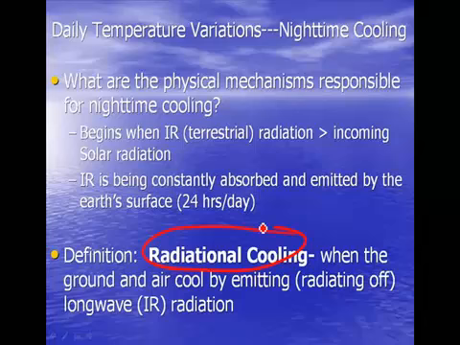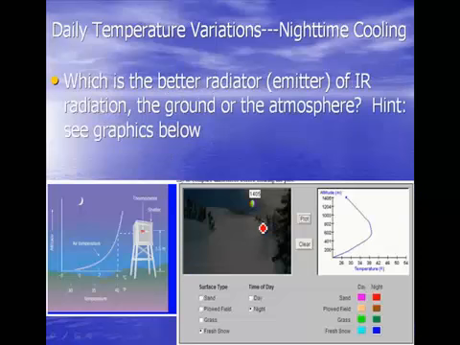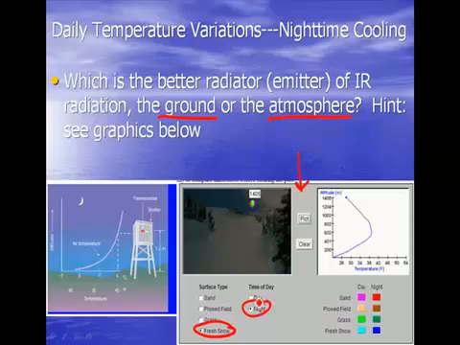The average speed of the molecules begins to decrease, and recall that's how we define temperature, as the average speed of the molecules. So my question to you, which is the better radiator of infrared radiation? Is it the ground or the atmosphere? Let's take a look at the graphs below. Now this particular graph here is from RadSim, and this is over a freshly packed snow surface at night.